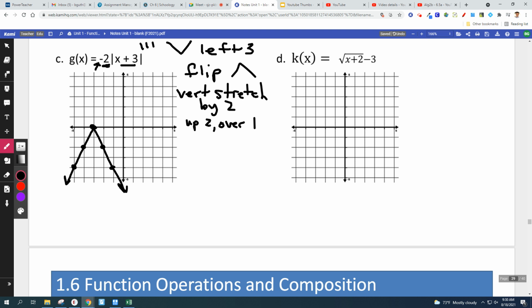Okay, last one. We've got a square root. Square root function. I think the square root almost mimics the shape of the function. I call it an eyebrow shape. But we're definitely going to take that eyebrow shape and go left 2, down 3.